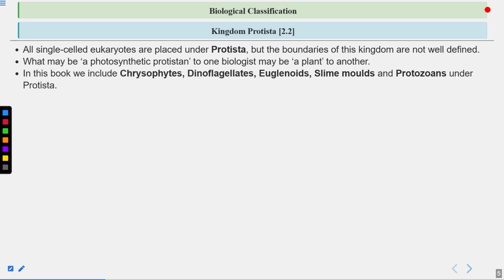Now, in this chapter, we'll talk about chrysophytes, dinoflagellates, euglenoids, slime molds, and protozoans. We will study all these organisms under the kingdom Protista. Members of Protista are primarily aquatic. They live in an aquatic environment. This is the habitat.